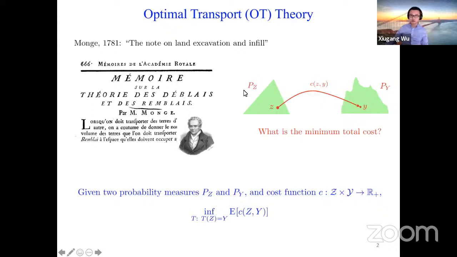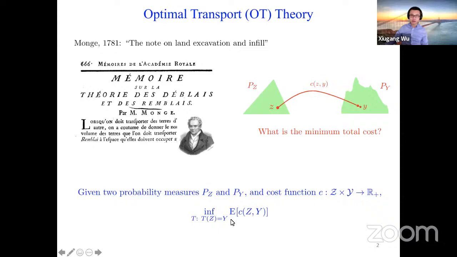Suppose you are given two probability measures, Pz and Py, which represent the two piles of sand after normalization, and a cost function C, which assigns a non-negative number to each pair of Z and Y. If you move from this Z to this Y, then the induced cost is given by the cost function C of Z and Y. Monge's question is to minimize the expected cost of moving Z to Y over all possible functions T that map Z into Y.